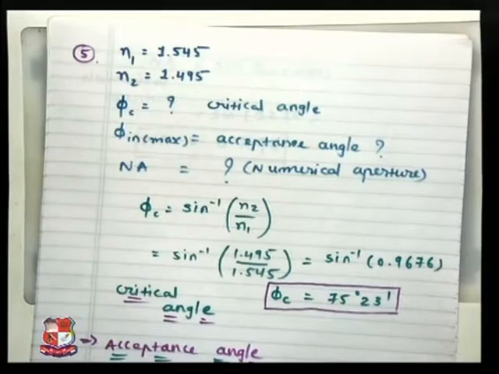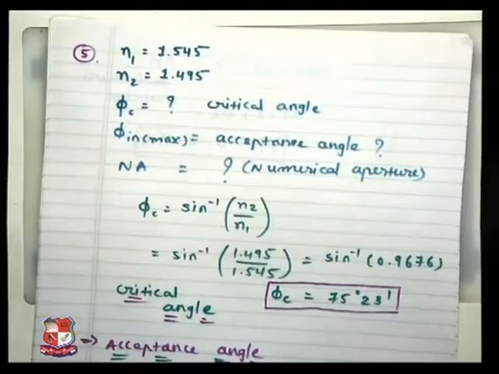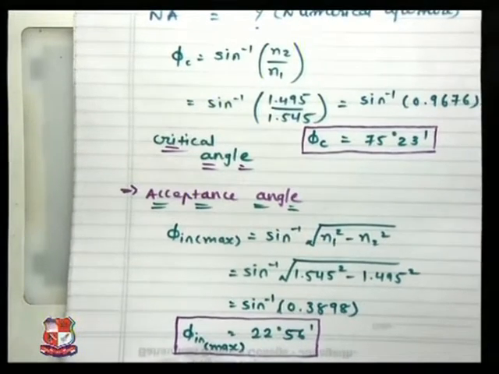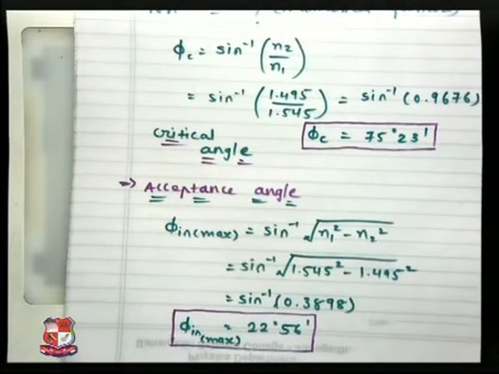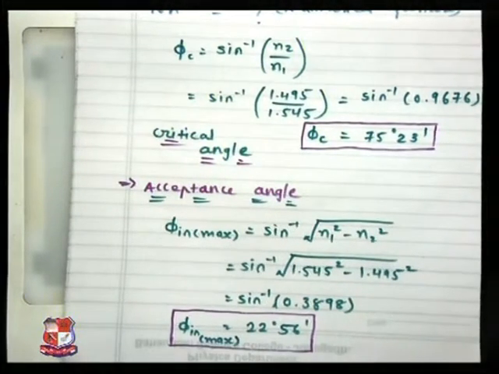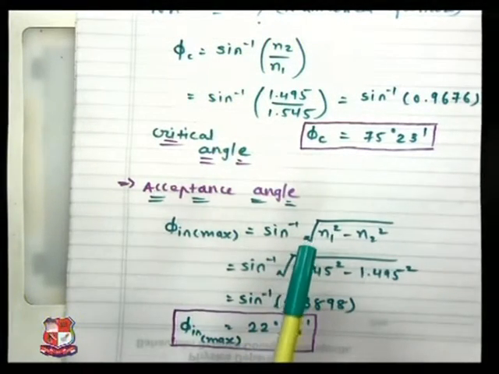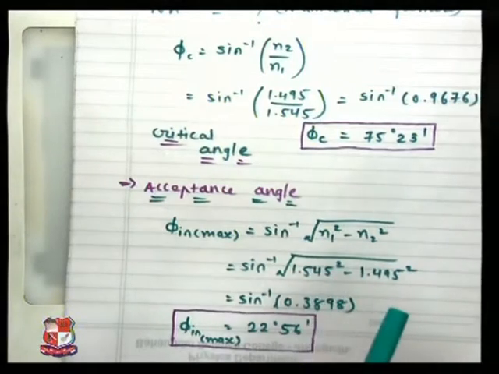So now let us calculate the acceptance angle. In the same manner, let us calculate the acceptance angle. Acceptance angle phi in maximum is equal to sine inverse under root eta 1 square minus eta 2 square.